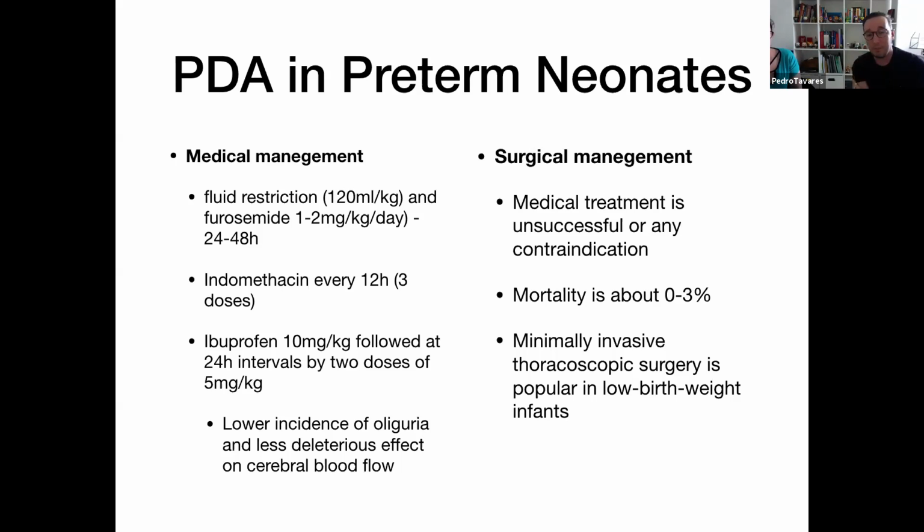And our surgical management is used when the medical treatment is unsuccessful or there is another contraindication for the medical management for use of the drugs for the patients. The mortality of surgical management is about 0 to 3%.